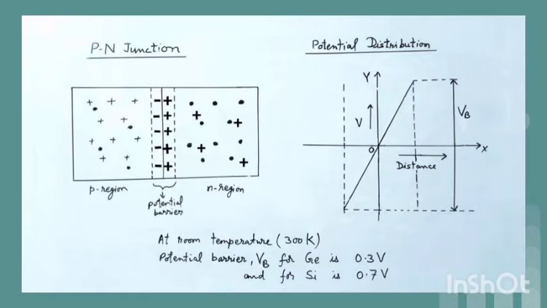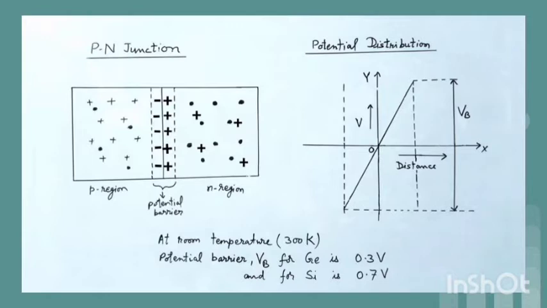Such migration of majority charge carriers across the junction sets up an electric potential difference. The N region of the junction is at higher potential and the P region of the junction at lower potential. Hence, a potential barrier is developed at the PN junction and it opposes any further diffusion of charge carriers into the opposite regions.